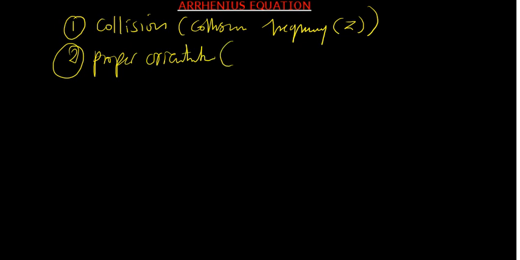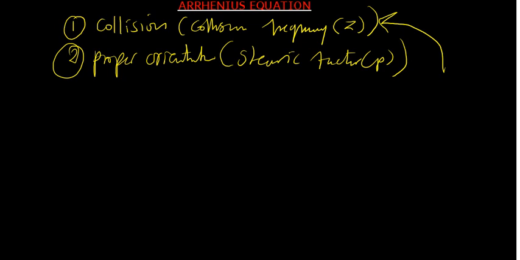Now, proper orientation is represented by what is called the steric factor, the symbol P. We define steric factor as the number of collisions having the proper molecular orientation. We define collision frequency as the number of collisions happening in a chemical reaction per second. Just how many collisions are happening, that is called collision frequency.